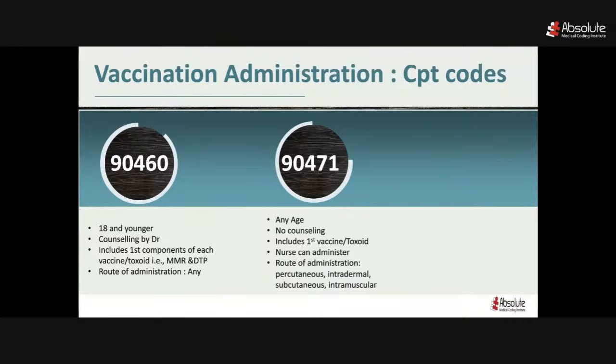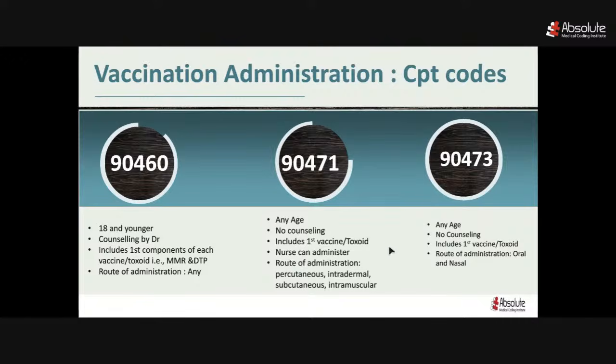The route of administration is intramuscular, subcutaneous, intradermal, or percutaneous. And then we have 90473, which can also be used for any age group. No counseling is needed. It codes for the first vaccine or toxoid, and the route of administration would be oral or intranasal. So these are the three primary vaccine administration CPT codes.